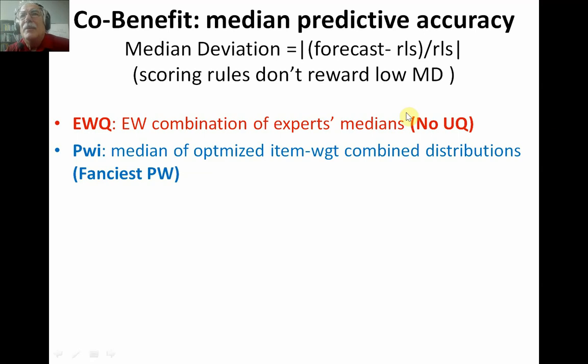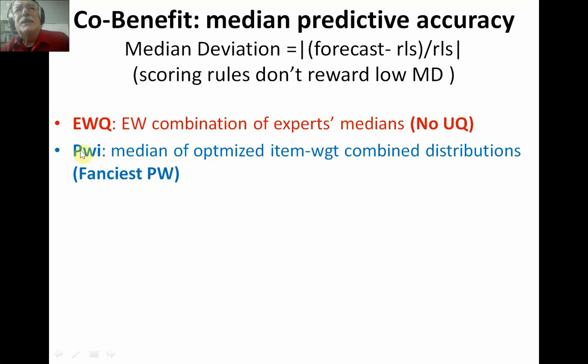Now, you may realize that the average of the medians is not the median of the average, and that's going to be a pain point here in this forecasting method if we look into more detail. But this is what most people do. This is sort of what you see in most publications that claim to be doing expert judgment. They just ask experts, give me your best number, and they average them.